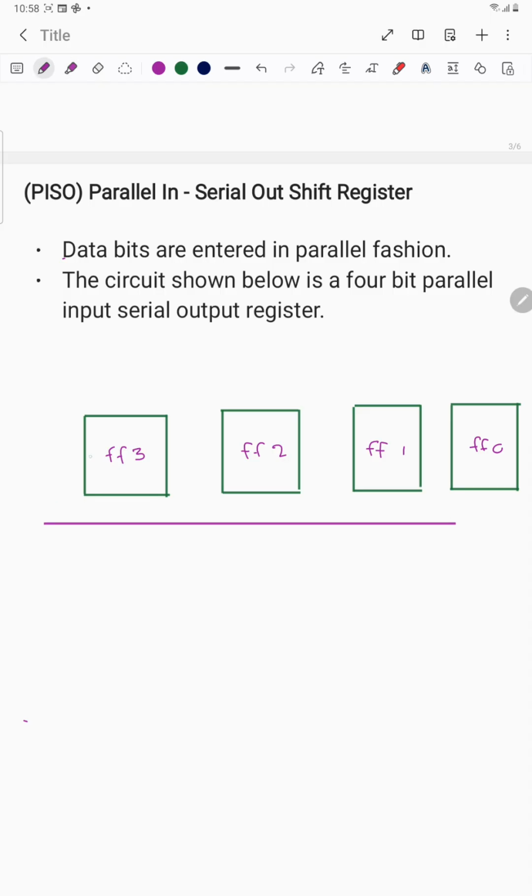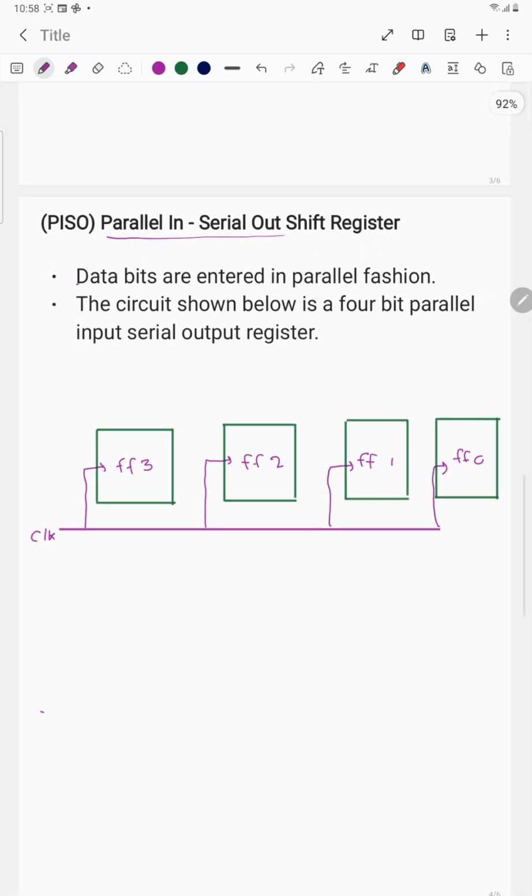You have to clearly mention the clock signal. Here the input is parallel and the output is in serial form.